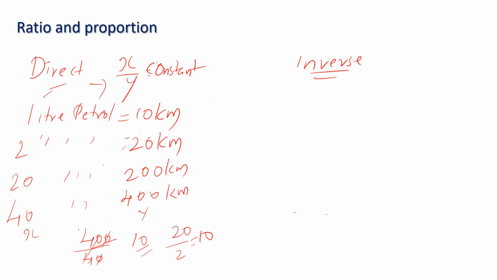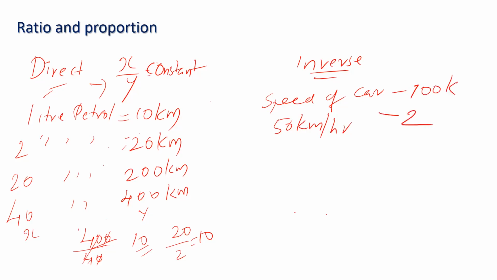Inverse variation is different. Suppose the speed of your car is 50 km per hour. To travel a distance of 100 km, the car will take 2 hours. If it is a bullock cart, at a speed of 5 kilometer per hour, it will take 20 hours to complete.